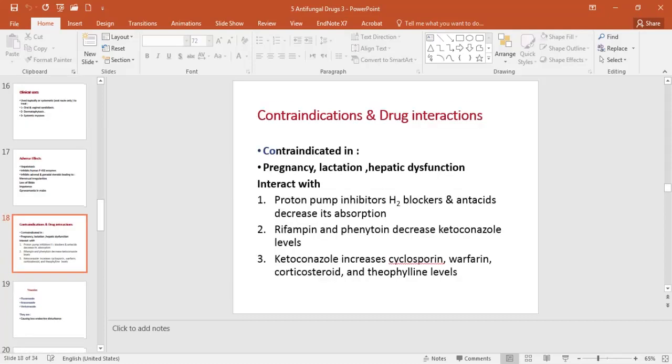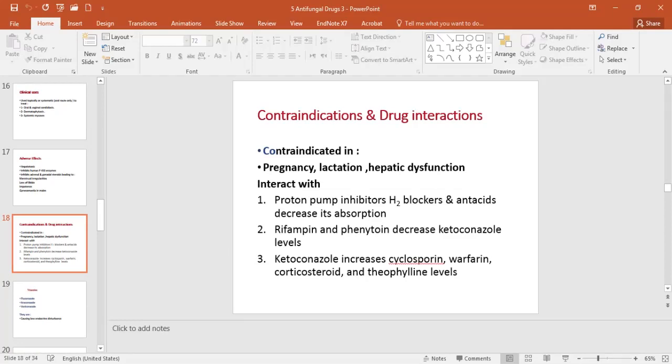It's contraindicated in pregnancy, lactation, and hepatic dysfunction. The interactions include, as we mentioned a moment ago, proton pump inhibitors, H2 blockers, and antacids decrease its absorption. There are also interactions with rifampicin and phenytoin.